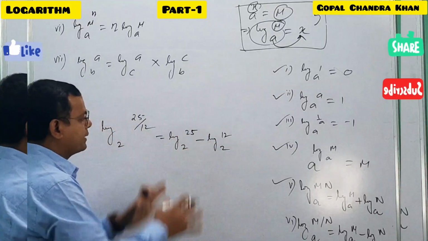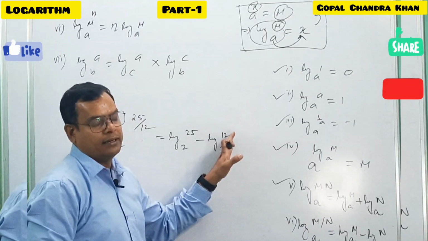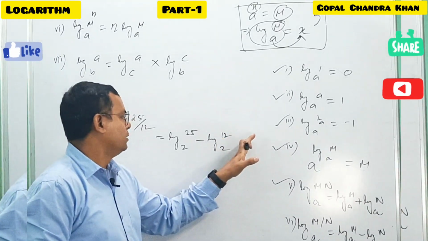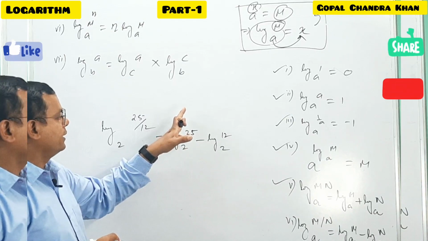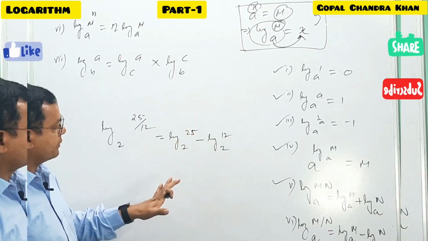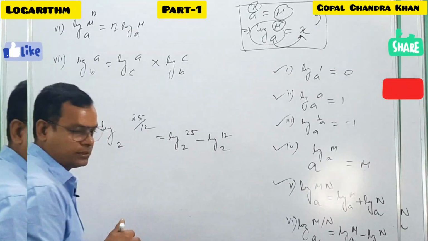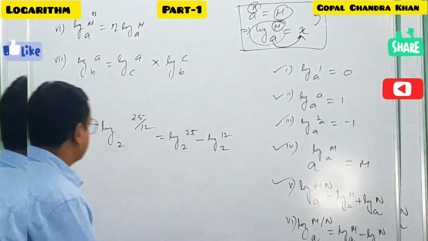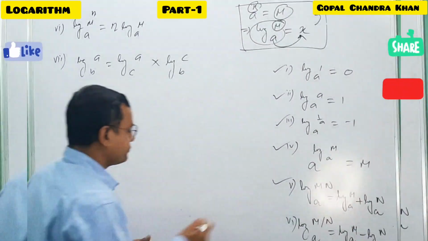After that, whatever calculation you get, you can go ahead with this. Even 12 can be broken into 2 into 3, and 25 you can break into 5 to the power 2. Like that you can go ahead and finish this calculation. That I'll cover in the next, second part. So you got the application of 6 also.